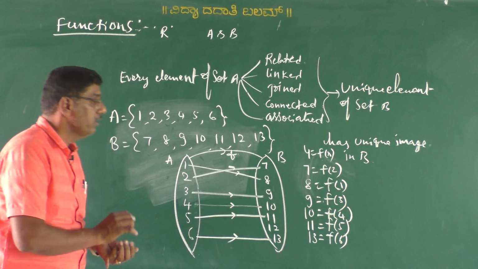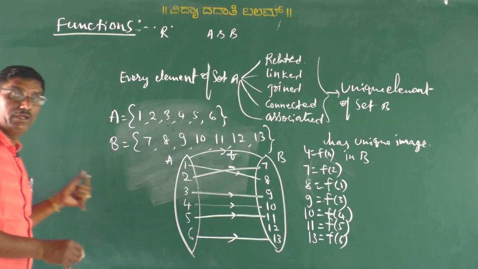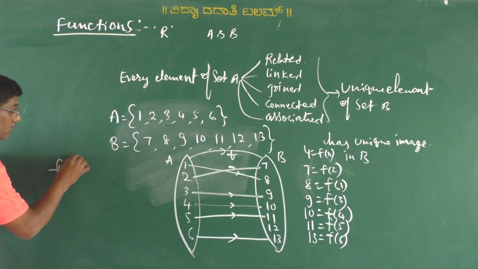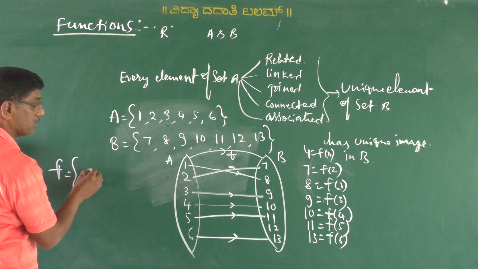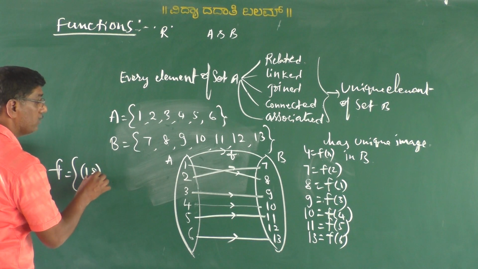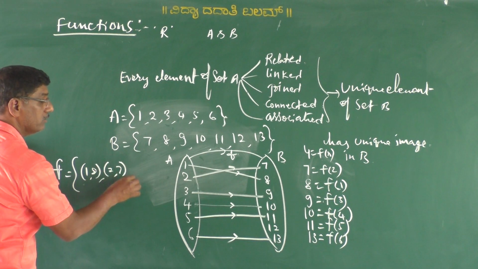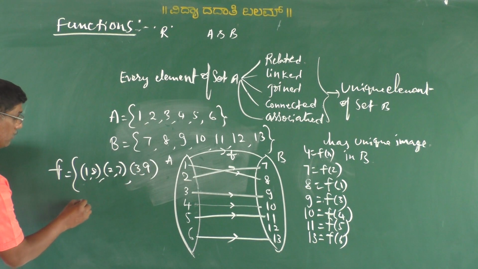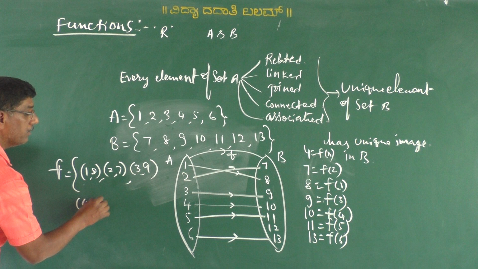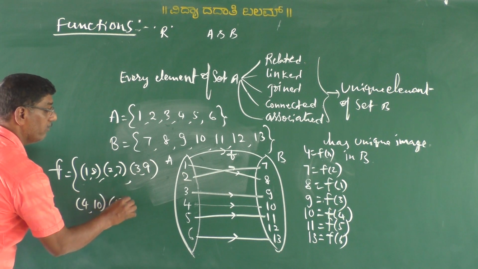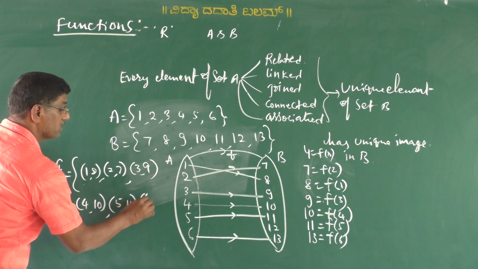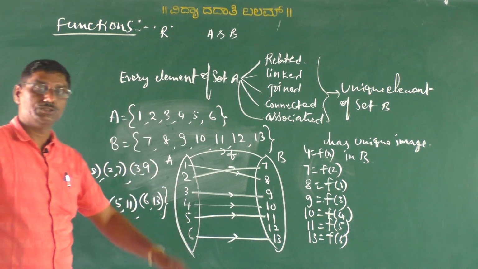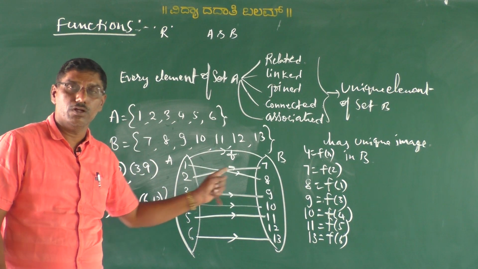This can also be written as f is equal to the set of all ordered pairs (1, 8), (2, 7), (3, 9), (4, 10), (5, 11), (6, 13). This is a function. Are you understood, all of you?